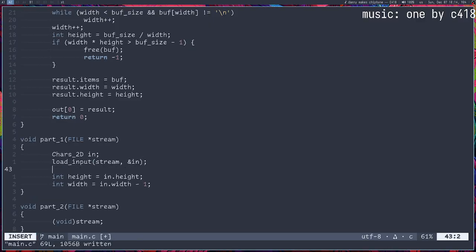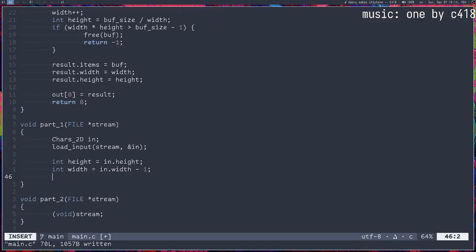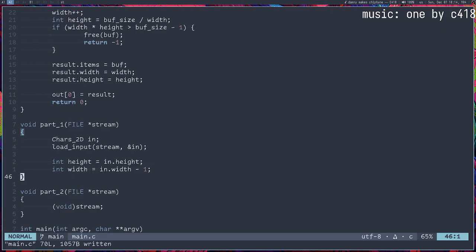But when I do any kind of addressing with it, I still need to use the width from the input itself. So like x plus y multiplied by in width. So I gotta keep that in mind.